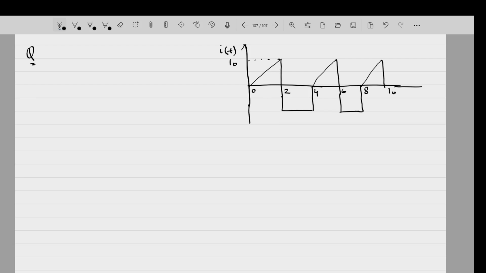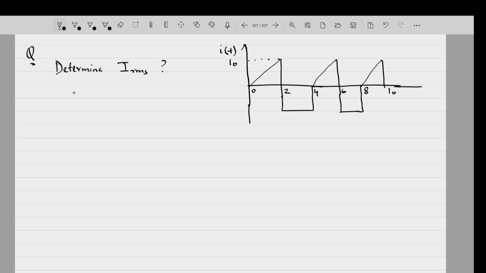So you'll be asked to find out, for example, here you will be told to determine: one, the RMS value of current.